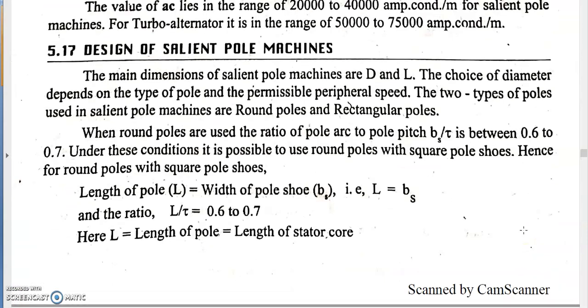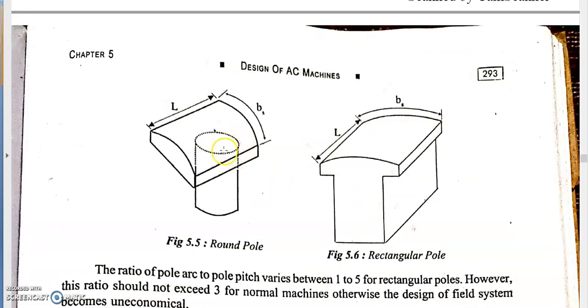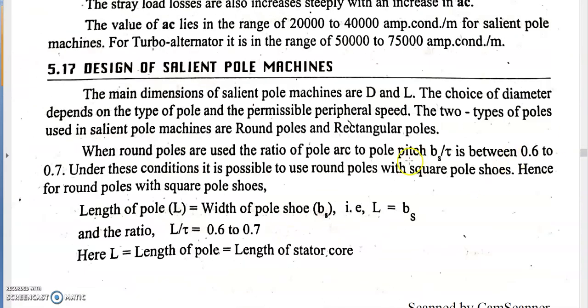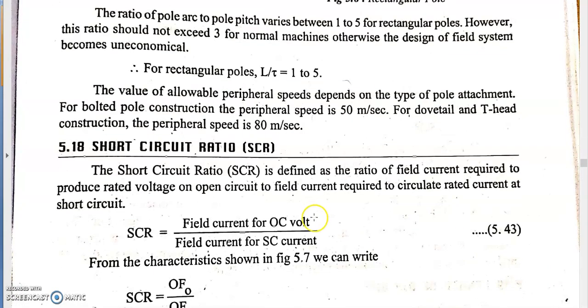So this rotor design includes the separation of this D and L based upon whether it is a round pole or square pole machine, rectangular pole machine. Based upon this L by tau ratio, we will be separating out this D and L, the main dimensions of this salient pole machine. So this is the rotor of the machine, the salient pole rotor, and in the rotor we are designing the main dimensions, and the main dimensions are separated using this L by tau ratio.